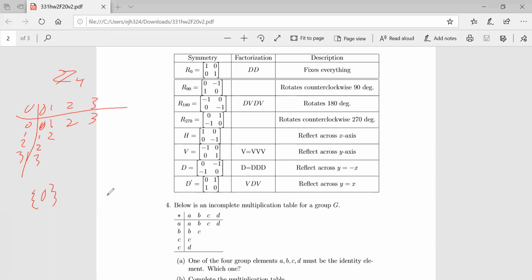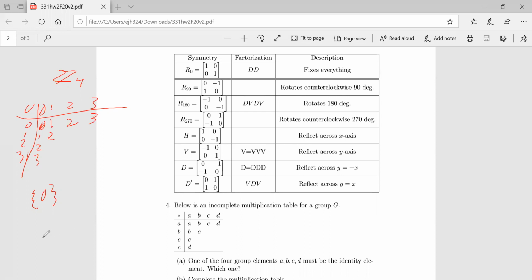It generates the entire group when you keep applying it to itself. So it's when you apply repeated powers of itself, you generate the entire group. Cool. So do any of these guys look like they would generate the entire group? 1 and 3.